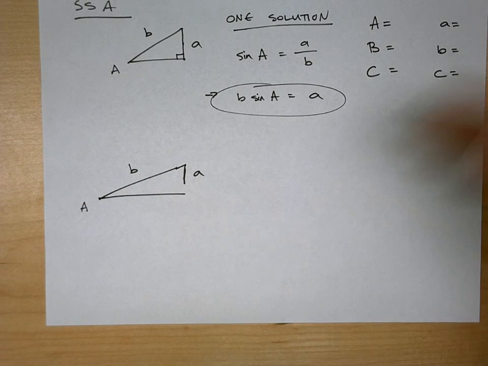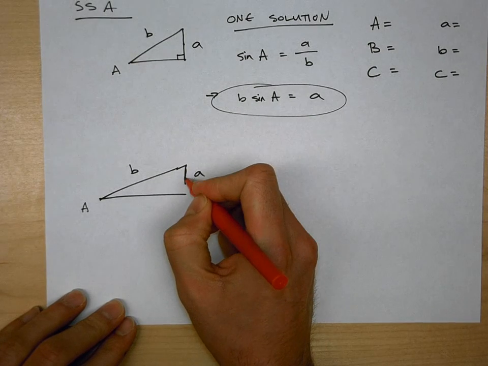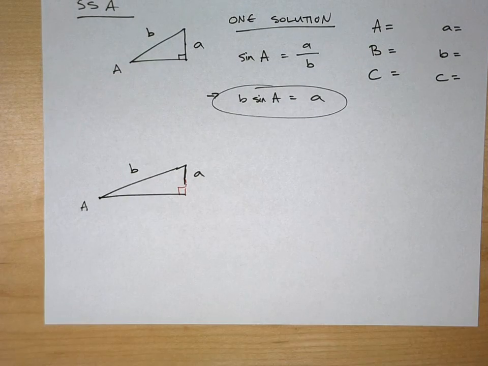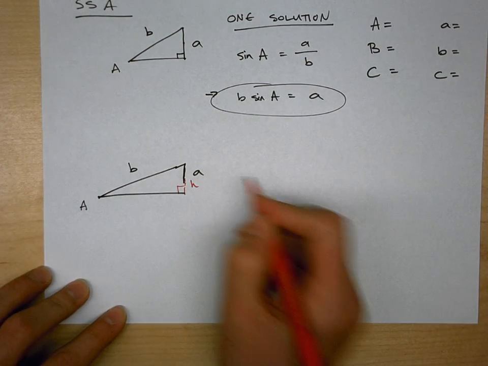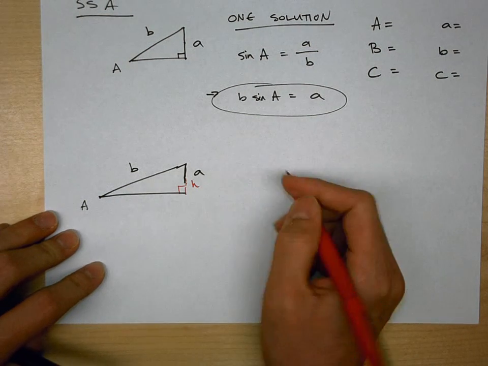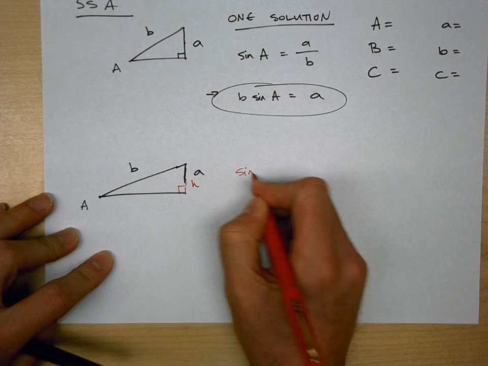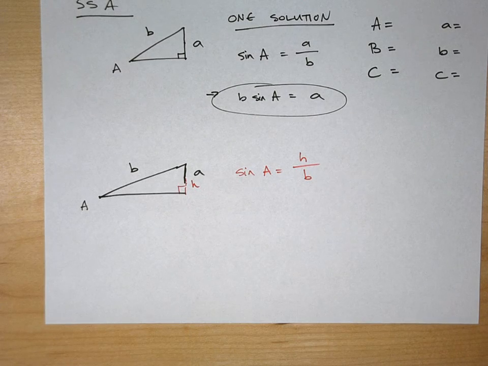We can extend it as long as we want and end up dropping a perpendicular right here. So we can always make this perpendicular happen and call this h. Well, this h is going to have the property that the sine of A is equal to little h over little b.